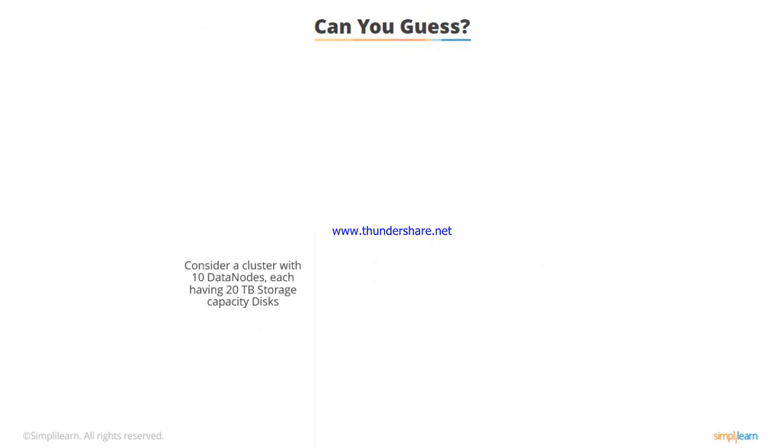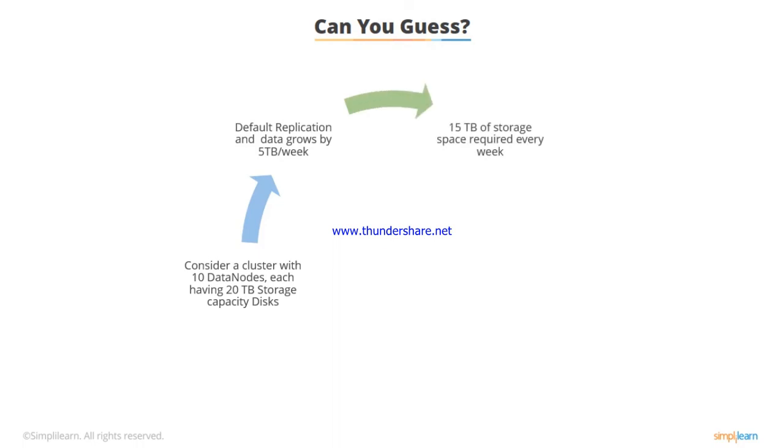Consider a cluster with 10 data nodes and each data node with a storage capacity of 20 TB. Default replication is enabled and data grows by 5 TB a week. This would need approximately 15 TB of storage space every week. Assume overheads to be 30%.